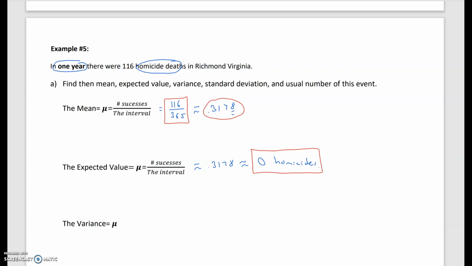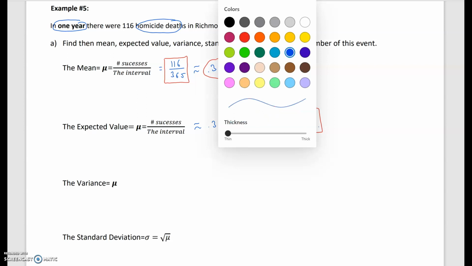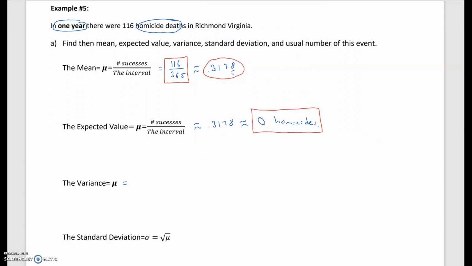On the good news, the actual variance is also going to be the value of mu. So in this case, let me use the exact: 116 over 365.